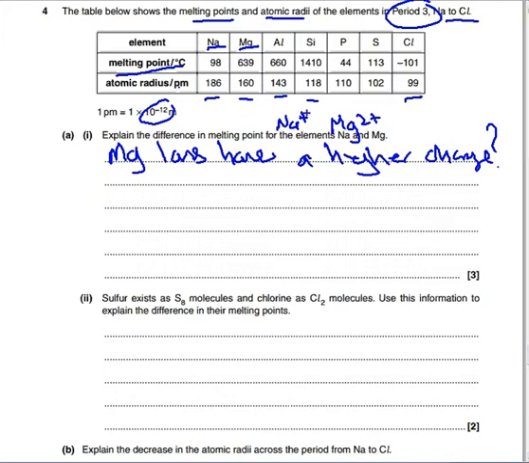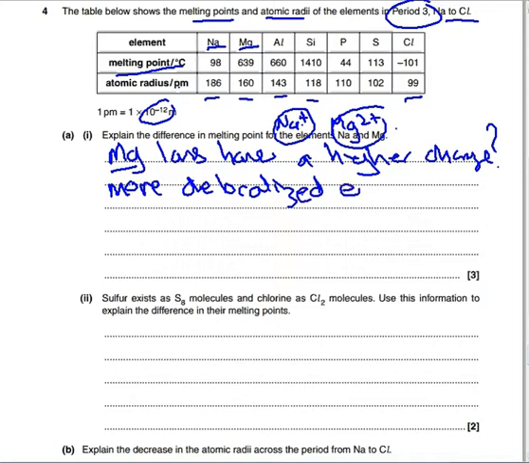But the more accurate way to look at this is, these are metals, but if we think about what the ions are, sodium wants to get rid of 1 electron, magnesium wants to get rid of 2 electrons. So what you actually have is more delocalized electrons.